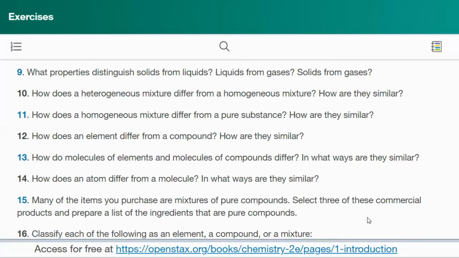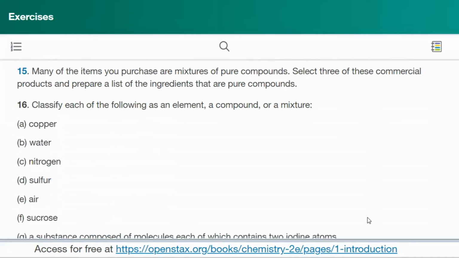All right, let's look at question 15. Many of the items you purchase are mixtures of pure compounds. Select 3 of these commercial products and prepare a list of ingredients that are pure compounds. Let's pick one of our favorites, Diet Coke. It's a mixture of pure compounds such as fructose and water.